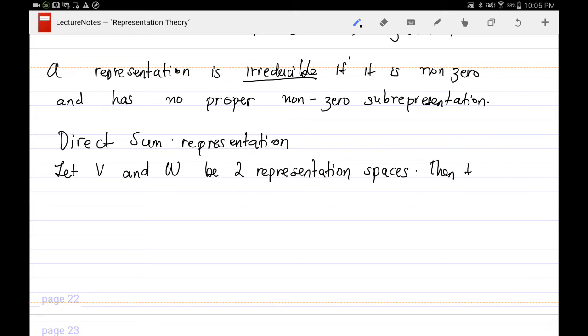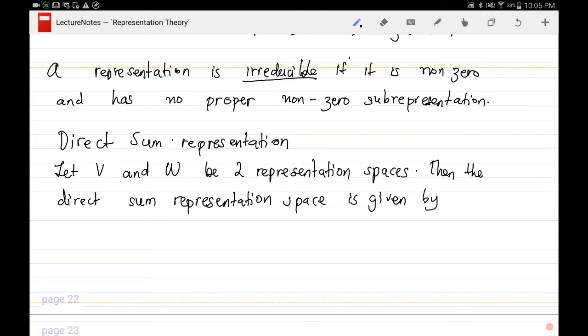Then the direct sum representation space is given by V direct sum W with component-wise G action.